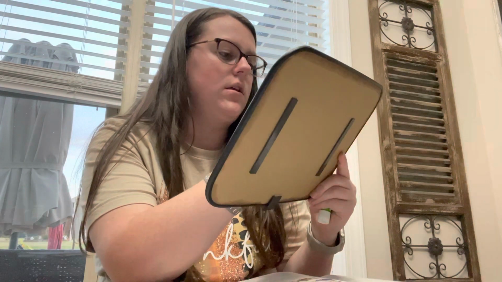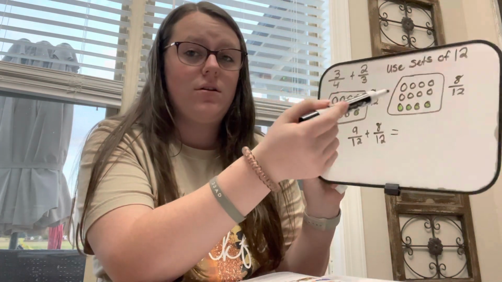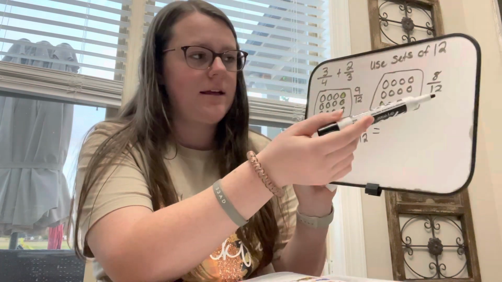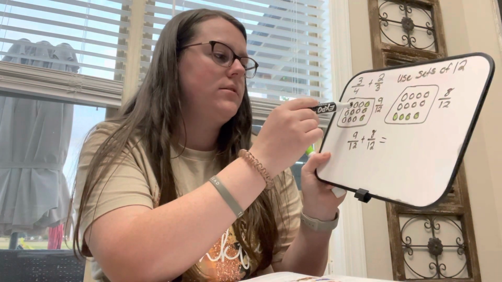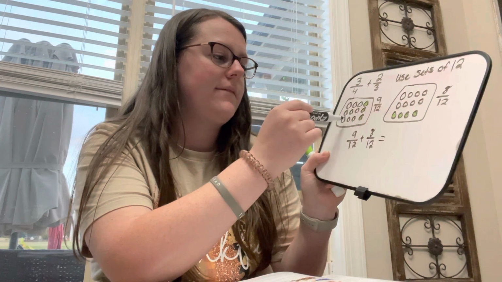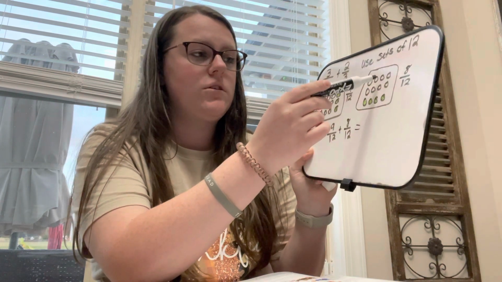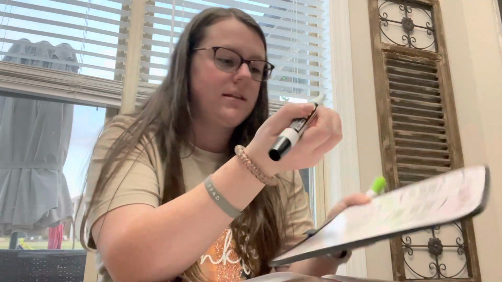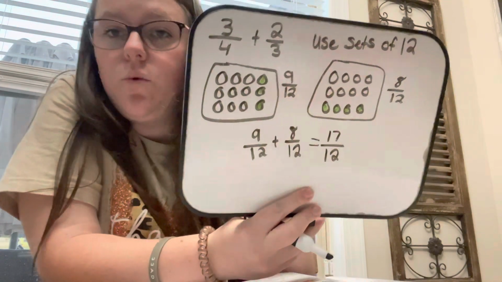Or I could even go back and count all the dots in this set as well as in this set. So I have 1, 2, 3, 4, 5, 6, 7, 8, 9, 10, 11, 12, 13, 14, 15, 16, 17. And we know that 9 plus 8 is 17. So I have 17 over 12, which is an improper fraction, but for this case, we're going to leave it like this.